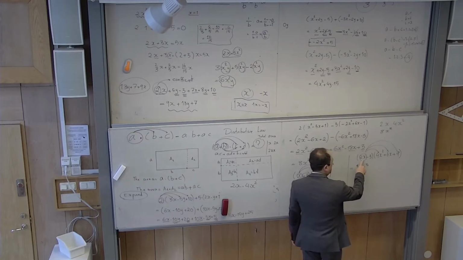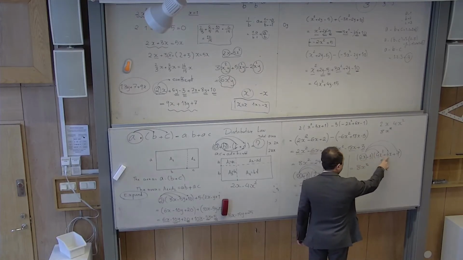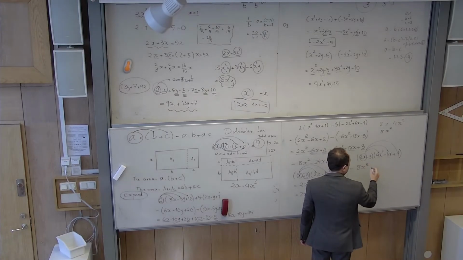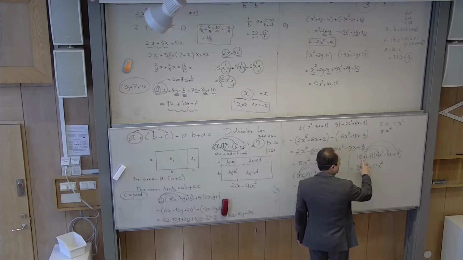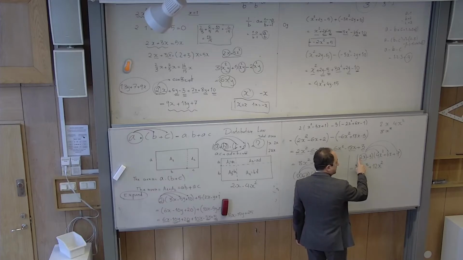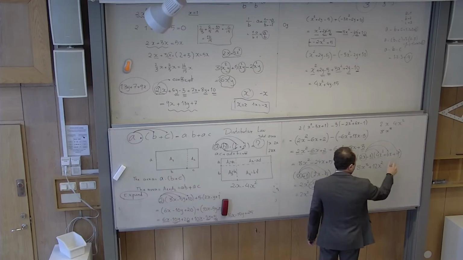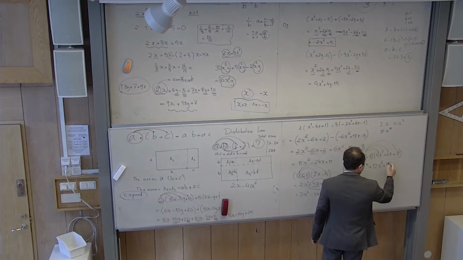But then you take this one and multiply it here. Positive 2x multiplied by positive 6x is positive 12x squared. And then 2x positive, when I do not see any signs, it is positive, multiplied by positive 9, positive 18x.